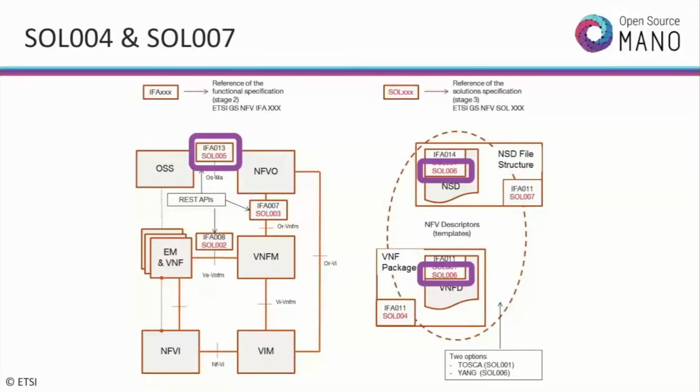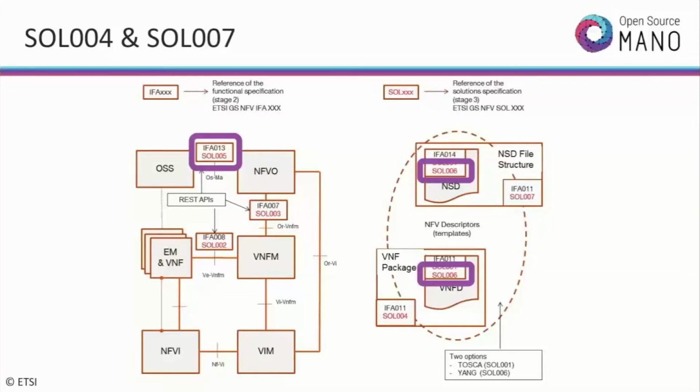And in Release 9, we aligned with the SOL 6 format and basically dropped the proprietary format we were using before, which was a little bit of a community shift, and we provided some translation tools, but it marked a significant change in how we approach the network service descriptors and VNF descriptors.